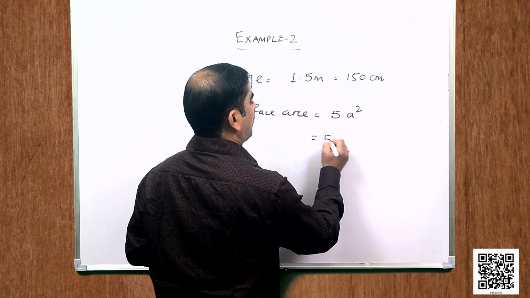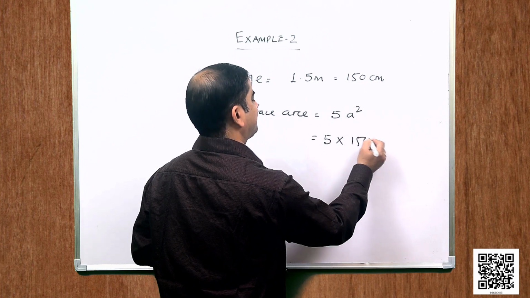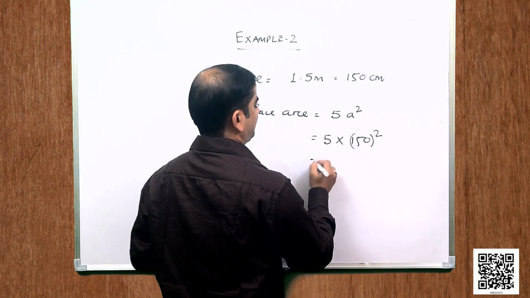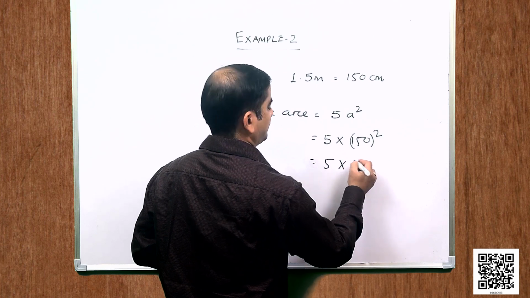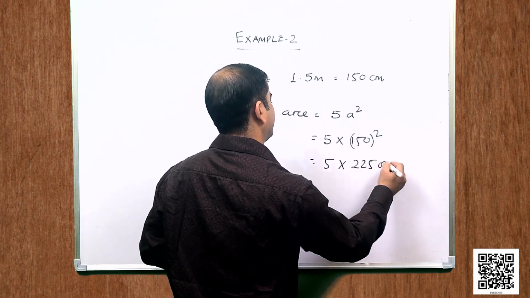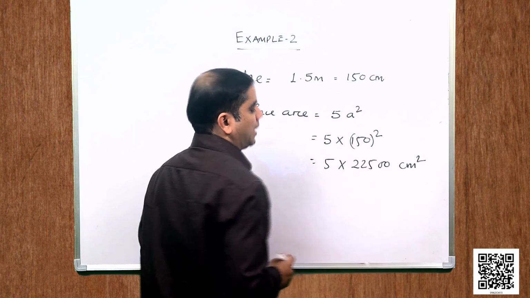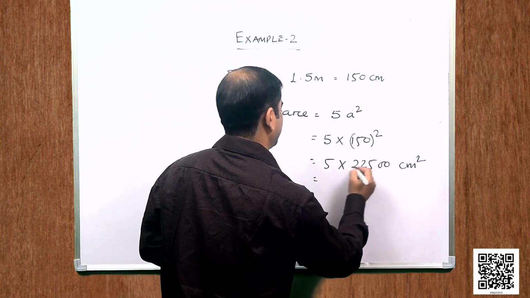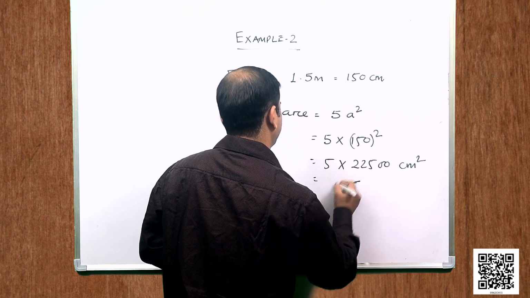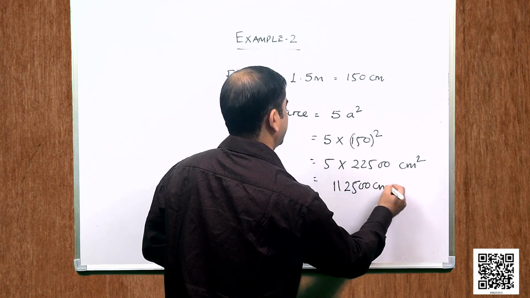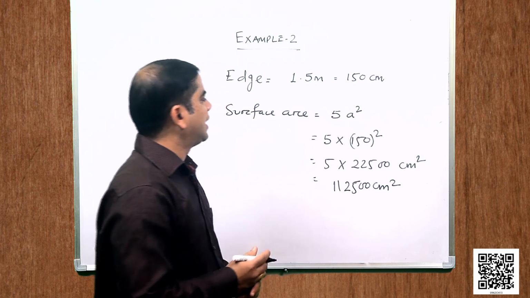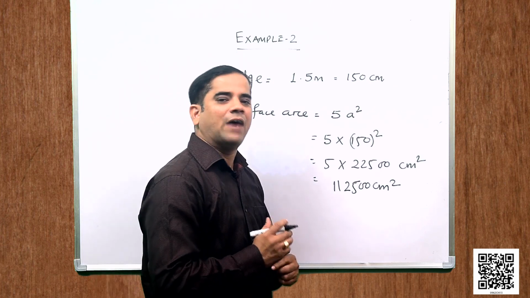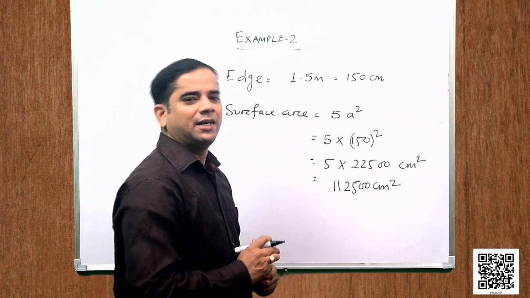So, putting the value of a, I get 112500 centimeter square. Fine. So, this is the surface area of 5 surfaces to be covered with tiles.